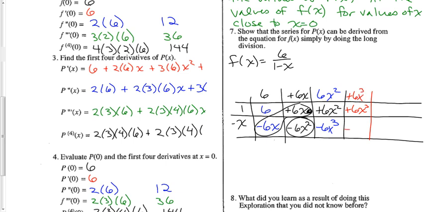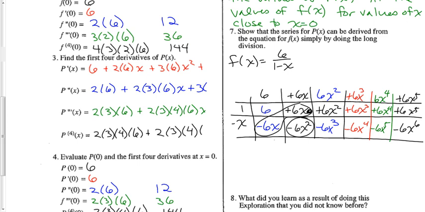Down below I have negative 6x to the fourth. And I don't want to have any x to the fourth, so I add 6x to the fourth here, which gives me a negative 6x to the fifth, which again, I would need to add 6x to the fifth, which gives me negative 6x to the sixth, and we can see that this pattern is going to continue.